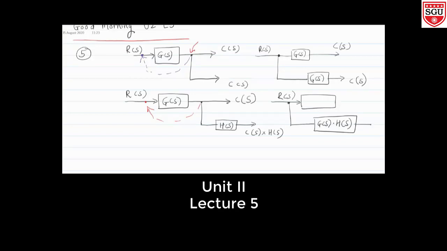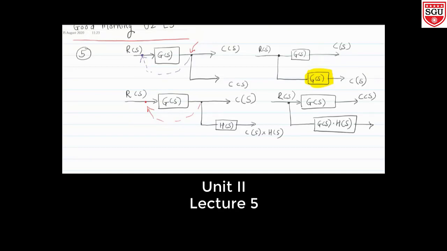Here the original G of S will remain as it is. Here the C of S output will be there. And after transferring, we have to add G of S extra as we did previously here. Same thing you have to consider if there is an additional functional block present in the example.